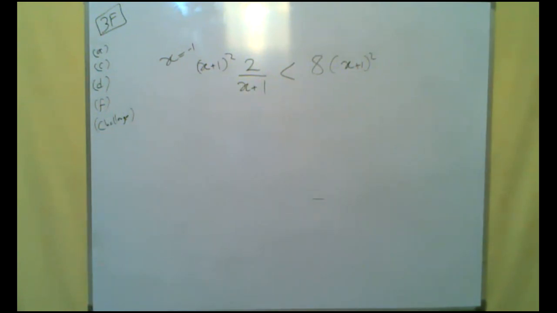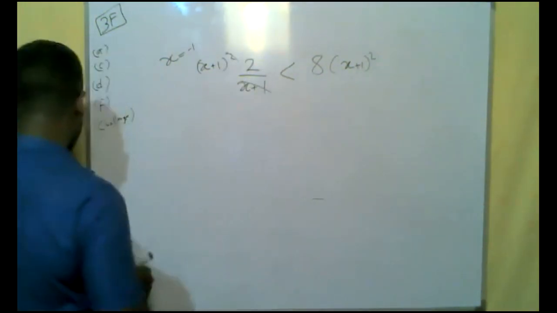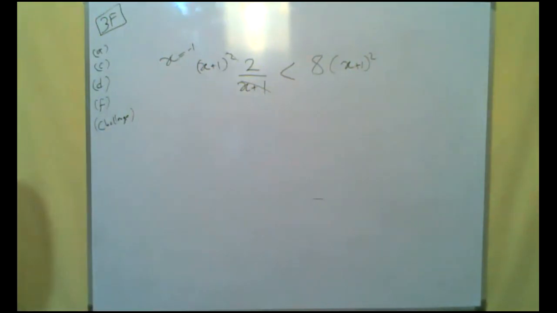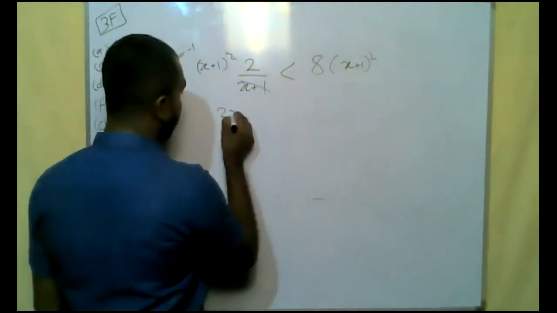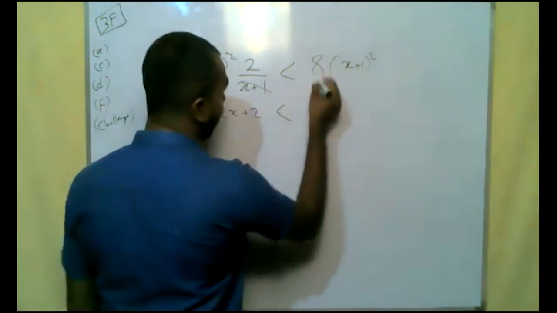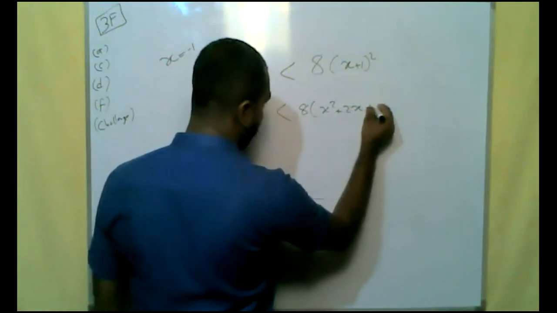What is the answer going to be? One cancels off here. So 2x plus 2 should be less than 8 times (x squared plus 2x plus 1).